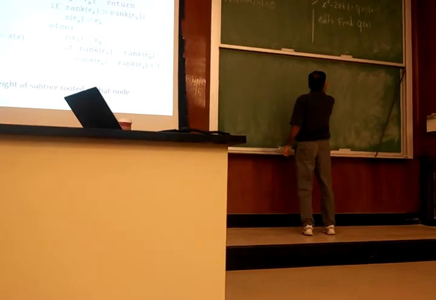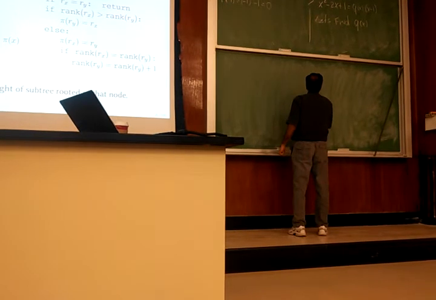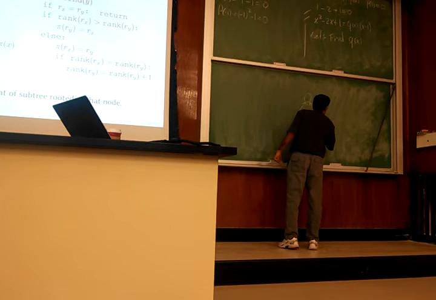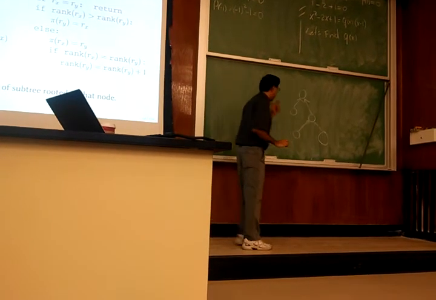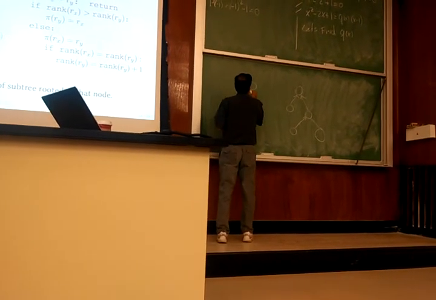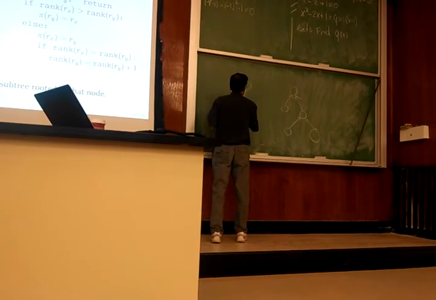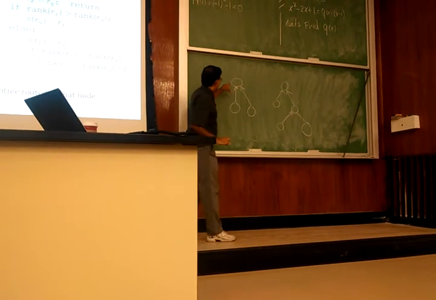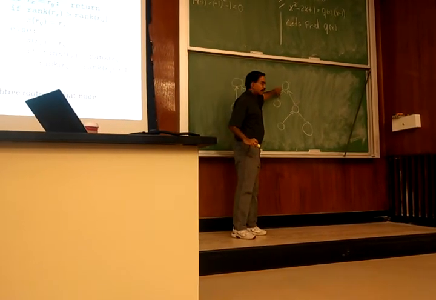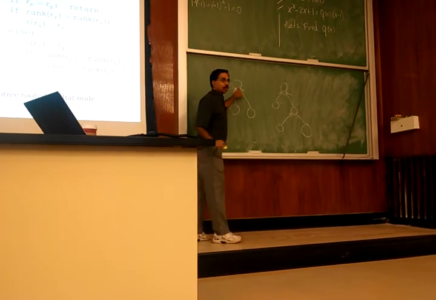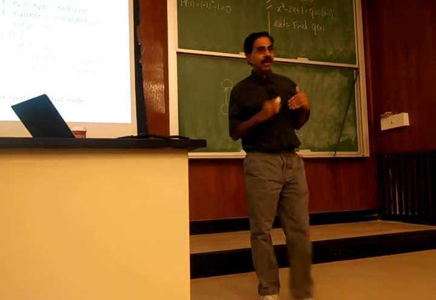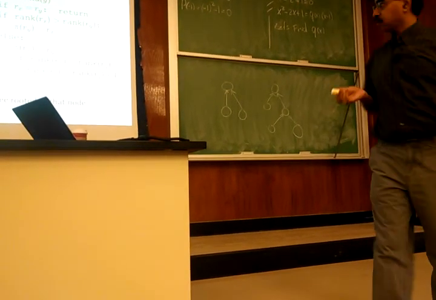Here is a tree of depth 2, and here is a tree of depth 1. It will be more balanced if you make this the child of this node instead of making this the child of this one. So the idea is that you make the one that has lower height or lower rank be the child of the one that has higher rank.